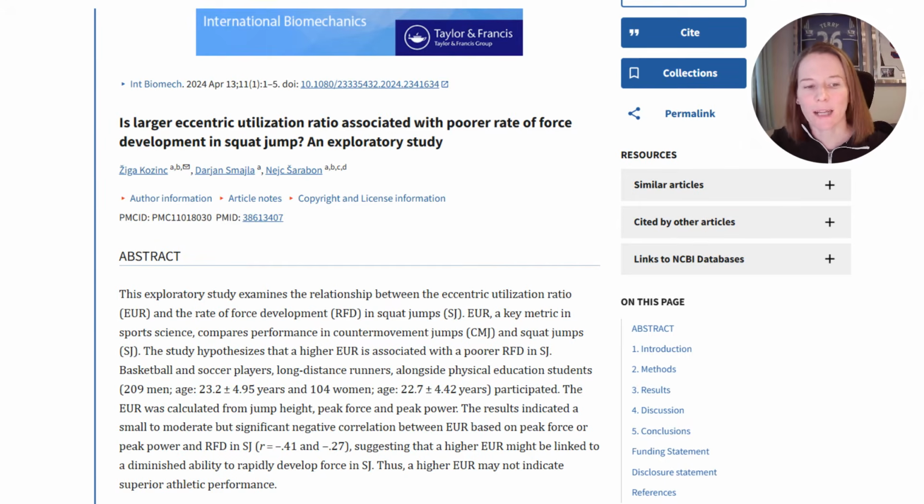These authors found a significant negative correlation between the eccentric utilization ratio based on either peak force or peak power and the rate of force development in the squat jump. Their discussion suggests that a higher EUR might not necessarily be about positive performance in the counter movement jump and the stretch shortening cycle, but perhaps a diminished ability to rapidly develop force in the squat jump.